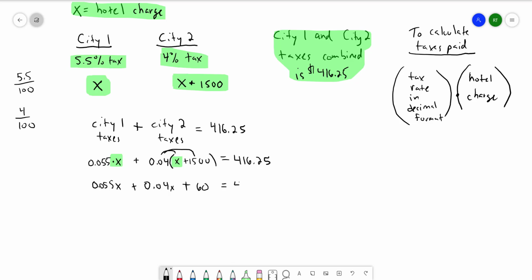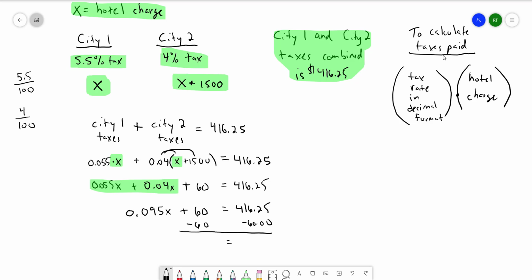Bring down my equal sign and the rest of the equation, and now we keep simplifying. So now I can combine like terms, which are these two here, add those up, and I will get 0.095x plus 60 equals 416.25.